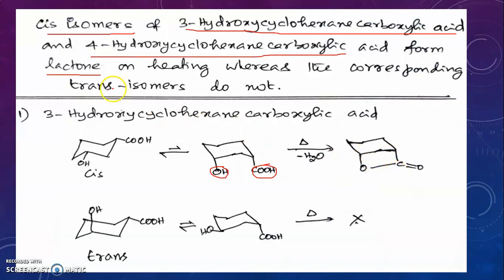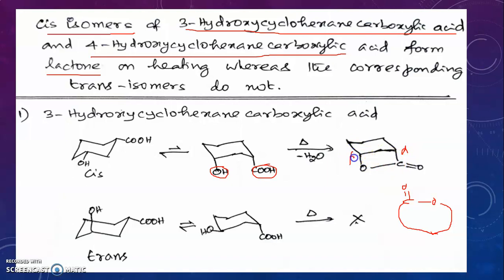You know very well what a lactone is. A cyclic ester is called a lactone, right? If we have an ester group, C double bond O and O, this is called the ester group. If this ester group is a part of a ring, a cyclic compound, then it is called a lactone. The carbon attached to the ester group is called the alpha carbon, and this carbon is called the beta carbon.